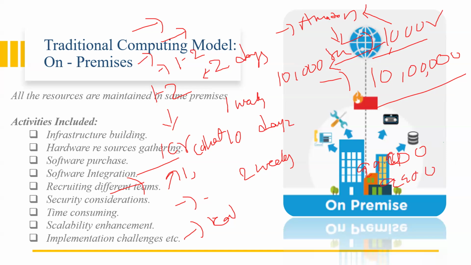These 9,000 servers you need to purchase only for 2 days, only for 1 week, only for 10 days, only for 2 weeks. I don't know the sales time, whether 2 days or 1 week or 10 days or 2 weeks. These 9,000 are needed only for sales time.